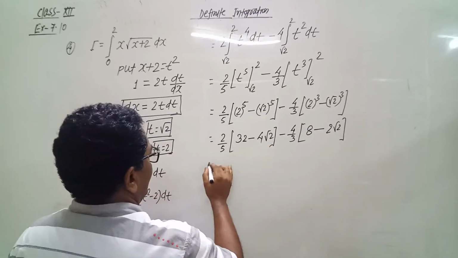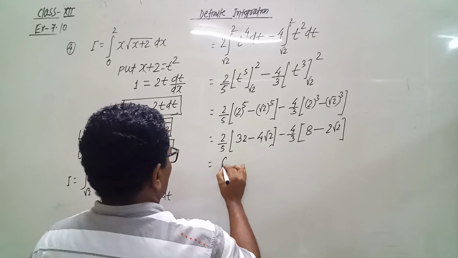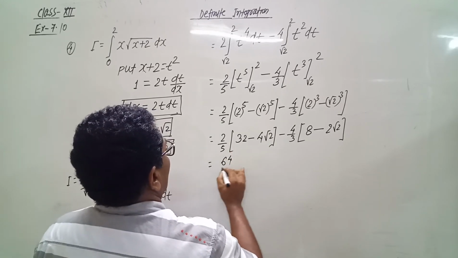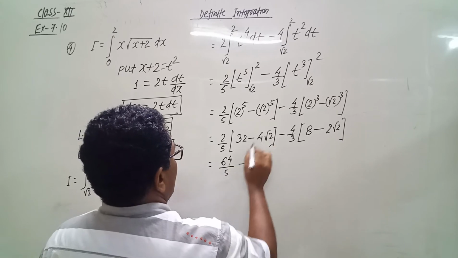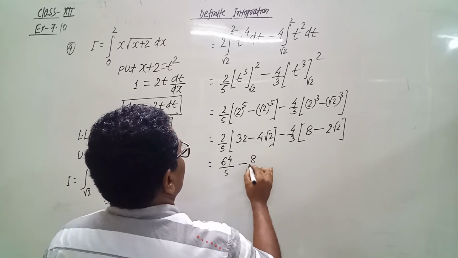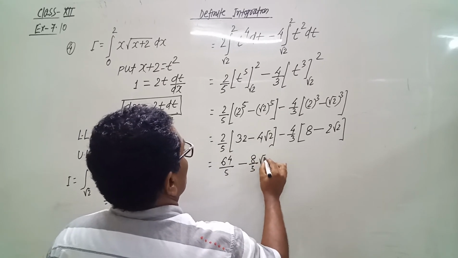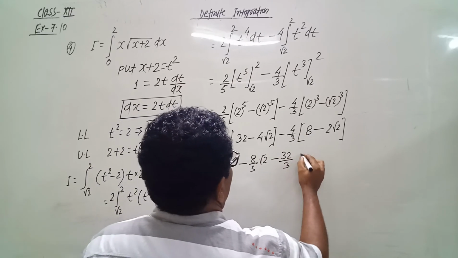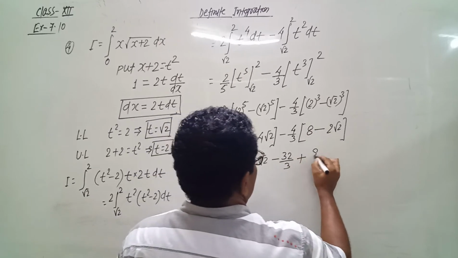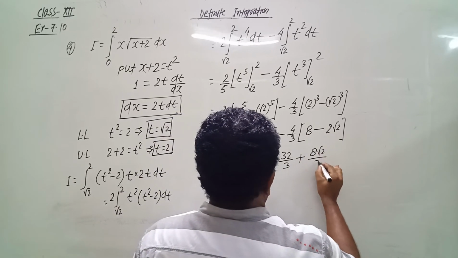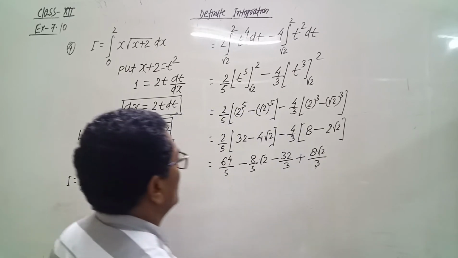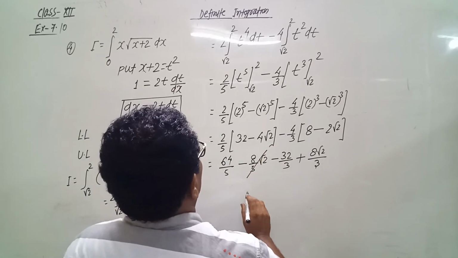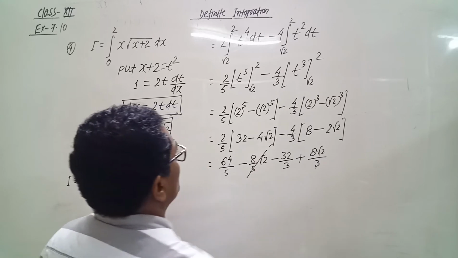Now remove the bracket. So 32 into 2 is 64 upon 5, minus 8 by 5 root 2, minus 32 by 3, plus 8 root 2 by 3.